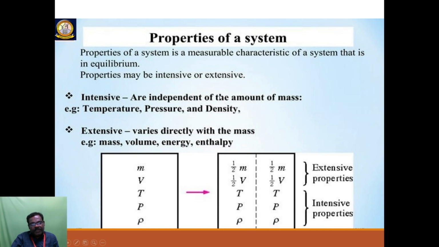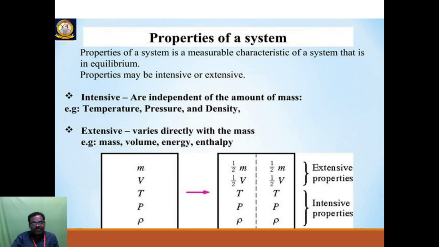Intensive property means it is independent of mass. That is the property where the mass is not considered. Okay, the best example is temperature, pressure, density. So suppose you are in a classroom, the temperature is 33 degrees Celsius or 34 degrees Celsius.